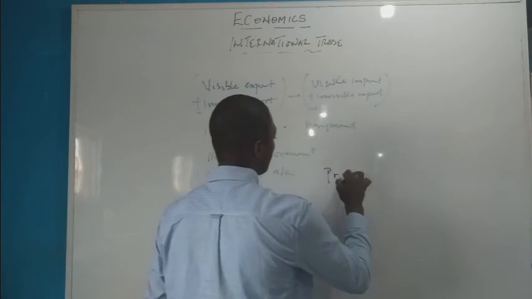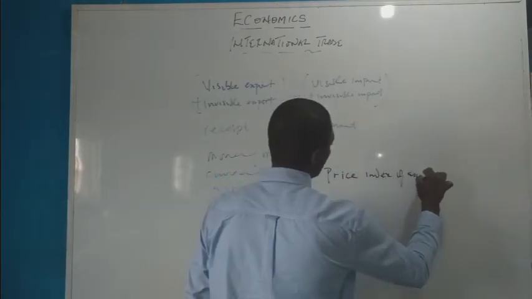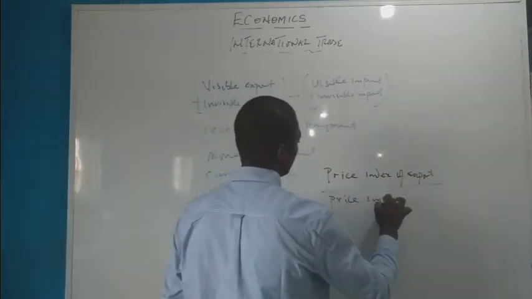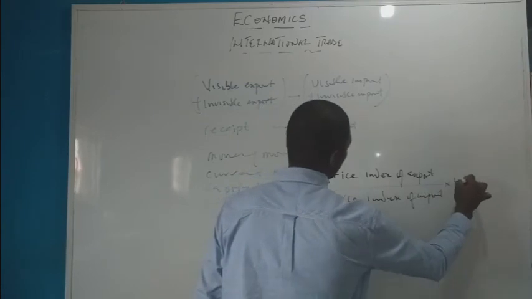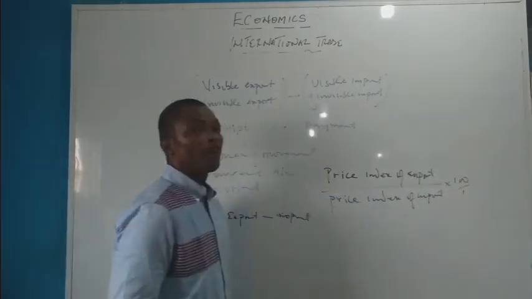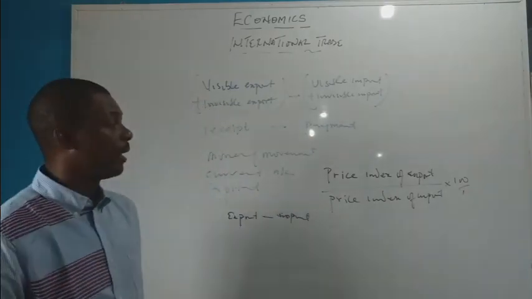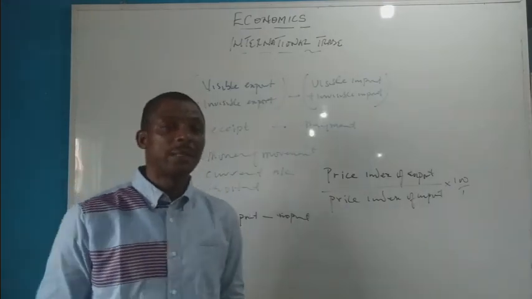We have the price index of exports over the price index of imports times 100 over 1. Price index of export over price index of import times 100 over 1 is known or referred to as the terms of trade.